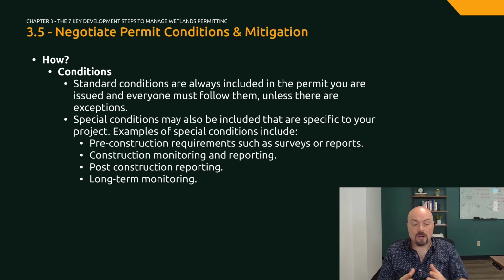Standard conditions are always included in the permit you are issued, and everyone must follow them, unless there are exceptions. In contrast, special conditions may also be included that are specific to your project.